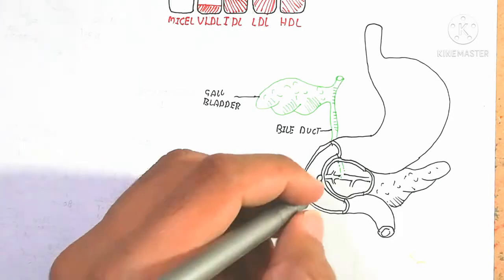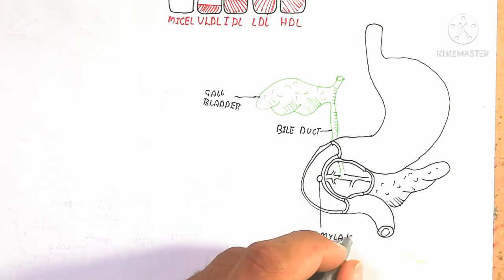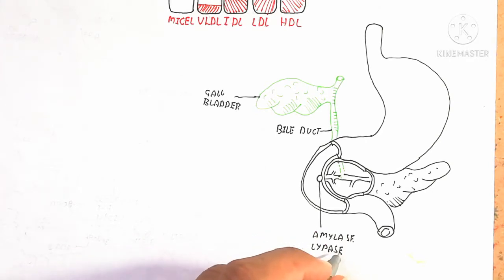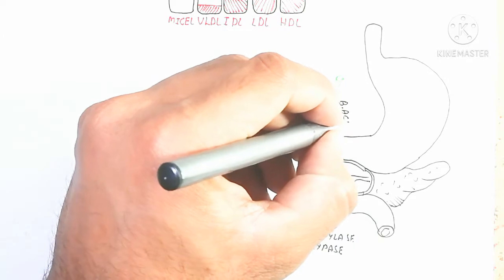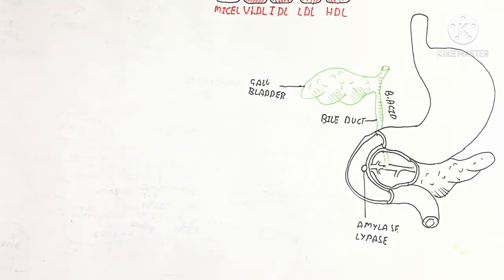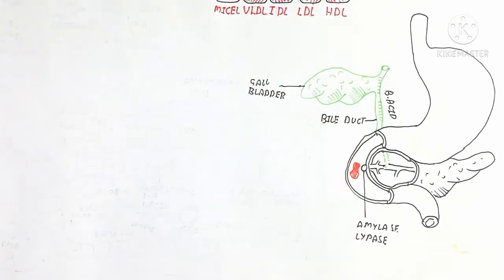In this video we will discuss all the mechanisms and cover the whole concept about the lipoprotein. Here is the digestive system, which contains the gallbladder and bile duct, which produce bile acids, cholic acid, bile salts and cholesterol. Here is the pancreas, which produces the pancreatic lipase enzyme.